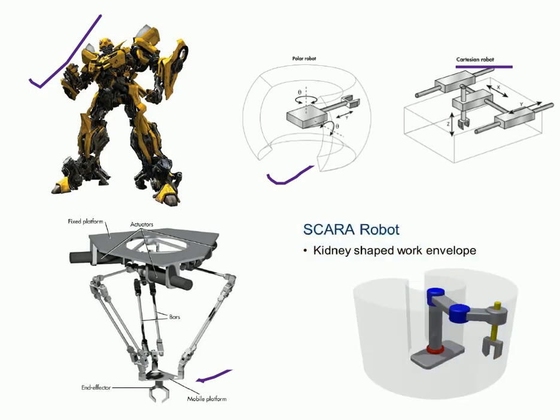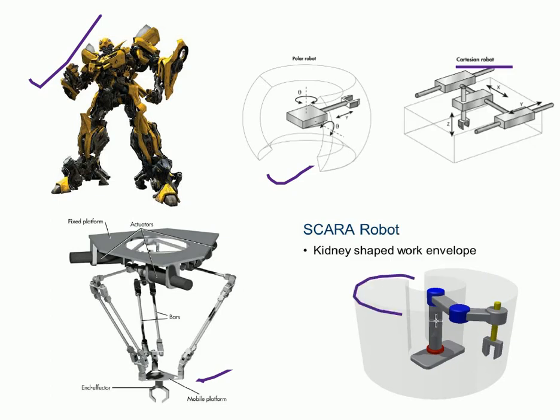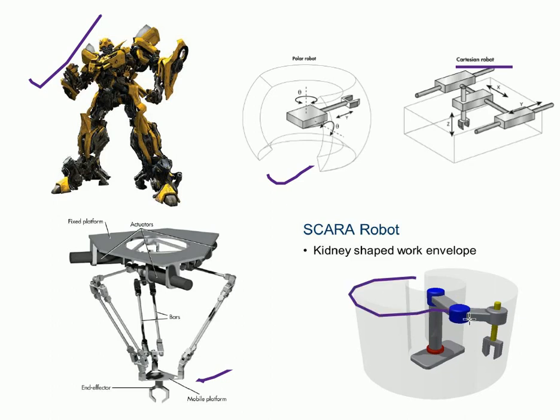It is an example of a kidney shape. Okay, so this one is also an example of a cylindrical work volume.